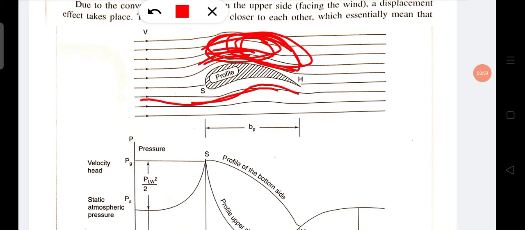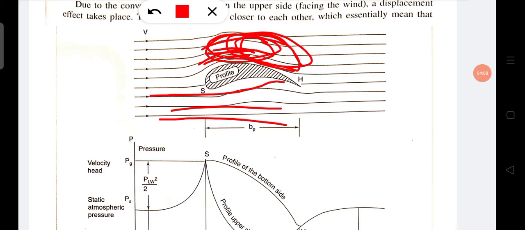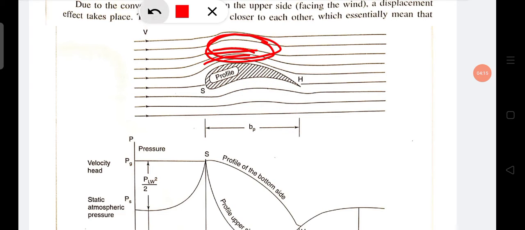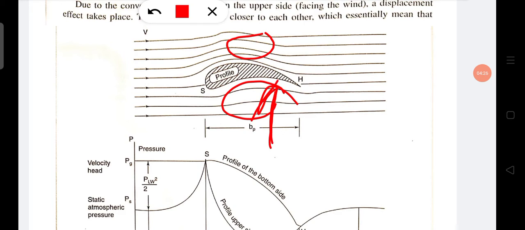Due to the concavity, this wind stream gets wider and wider, so high pressure is created on the downside. Due to that pressure difference, high pressure here and low pressure there, a lift force is created in the profile.